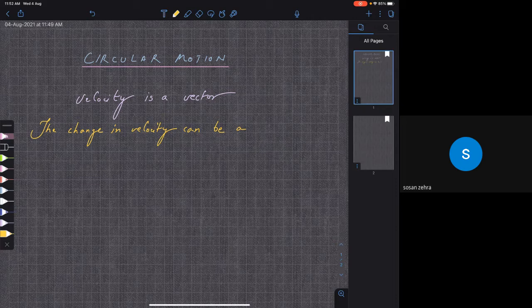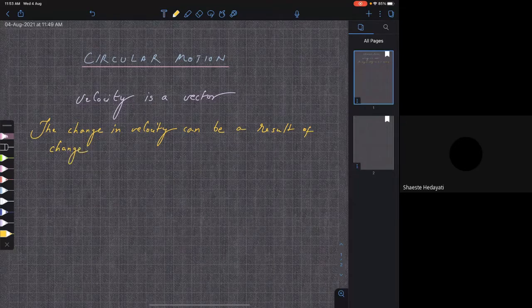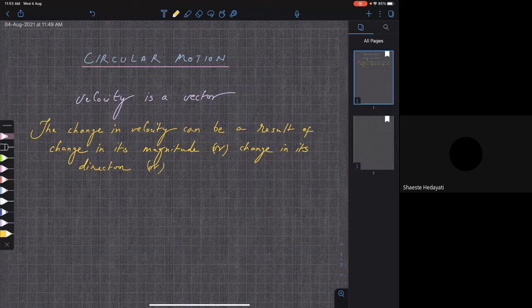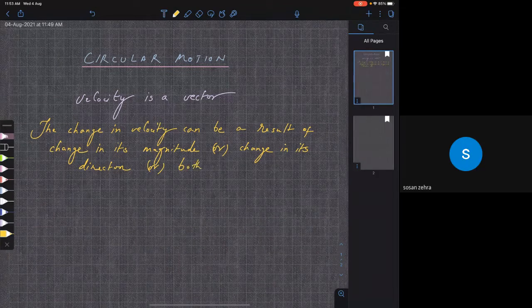Yeah, the change in velocity can be a result of a change in its magnitude, or a change in its direction, or both. Example.